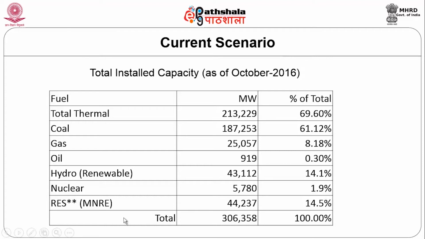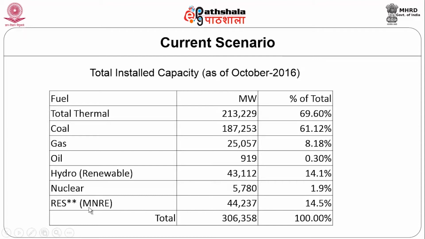Renewable energy systems, with data obtained from the Ministry of New and Renewable Energy, have about 44,237 megawatt installed, which is about 14.5 percent of the total Indian energy scenario, and which is really remarkable.